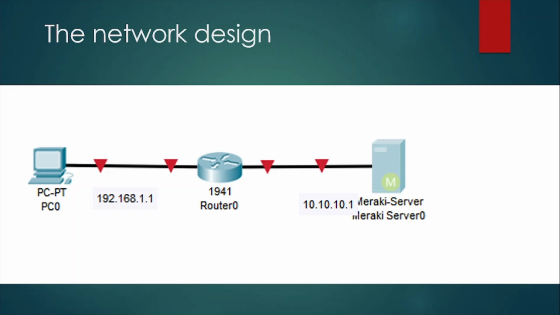We will use the 1941 router on Packet Tracer as the router, and for the server side, the outside like a cloud, we can use the outside address 10.10.10.1. So this is the design. We will show you how to configure a dynamic NAT on the Cisco router.